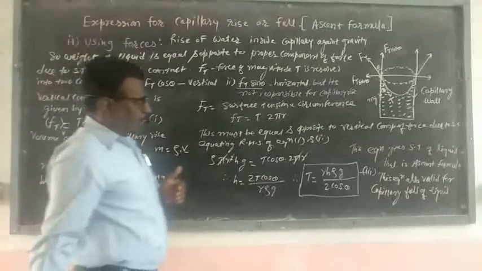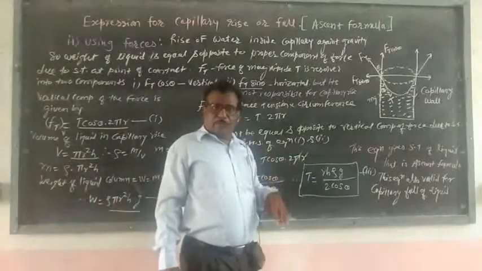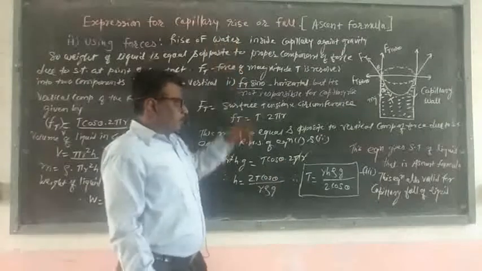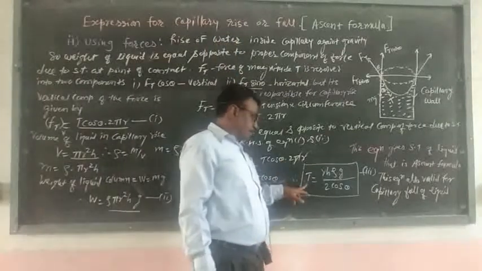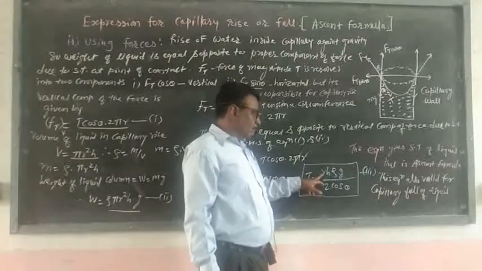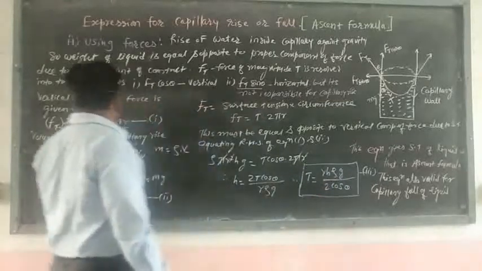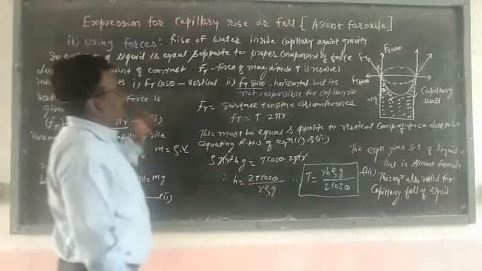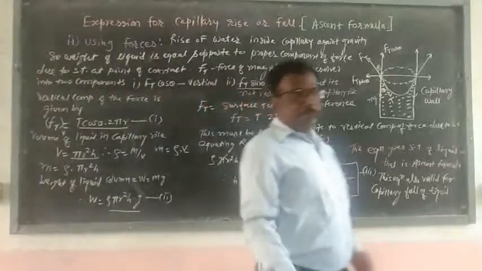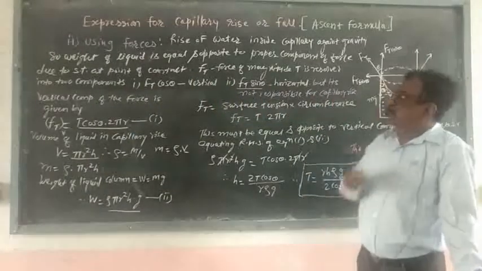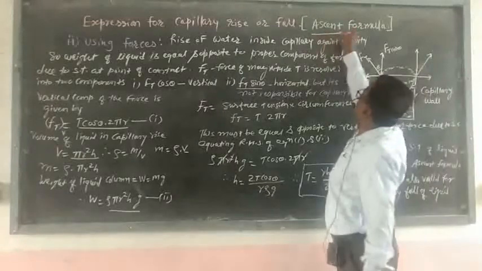So for that also, to calculate fall or rise of liquid, we use this formula: surface tension T equal to r h rho g divided by 2 cos theta. So this is the expression for capillary rise or fall of liquid, also known as Ascent formula.